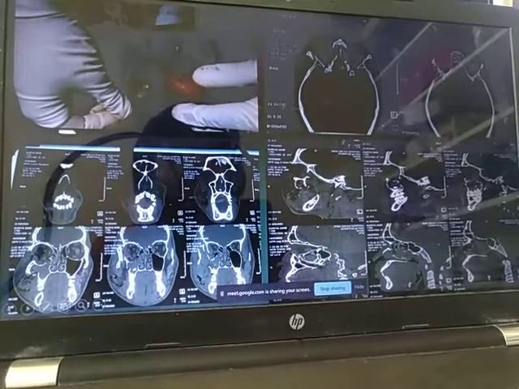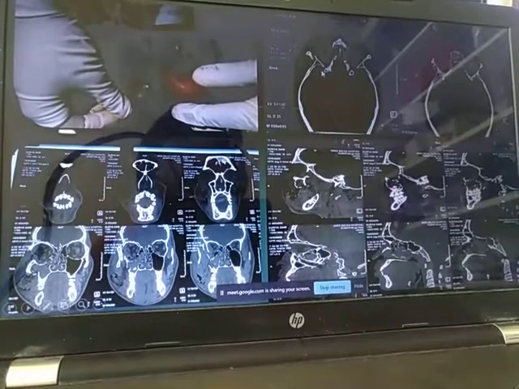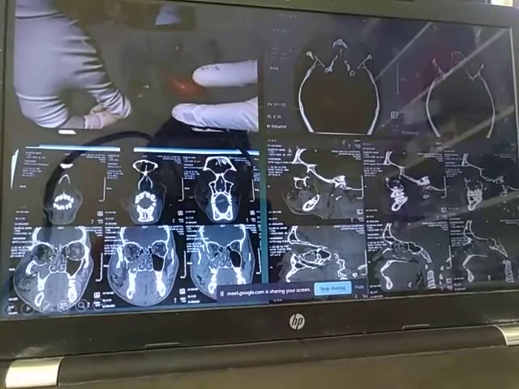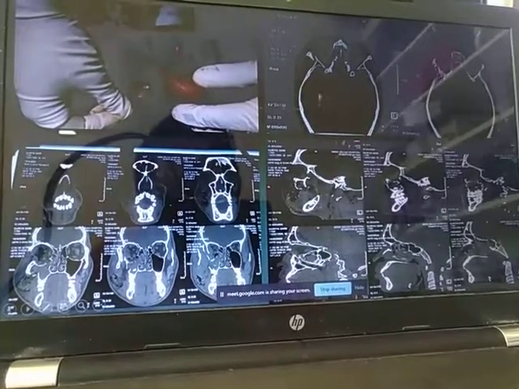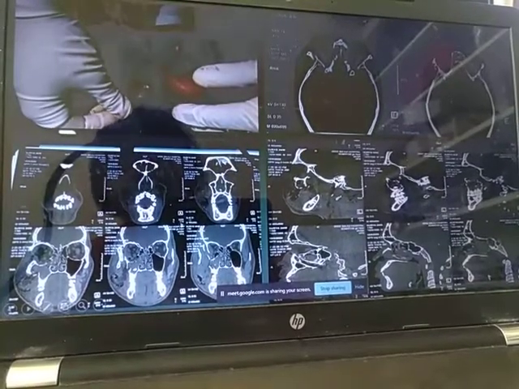You can see over here, on the contralateral side the gap is much more, on this side the gap is much less. So we went for an ophthalmic opinion. The ophthalmology department ruled out optic neuropathy, and thus we managed the patient henceforth.